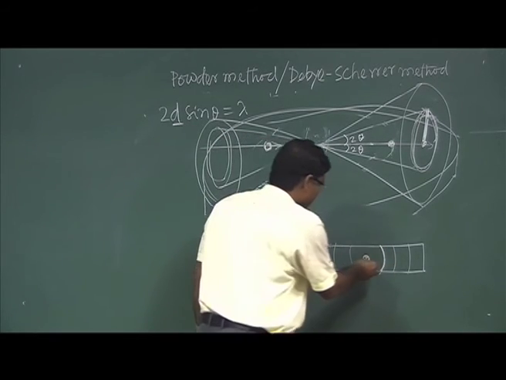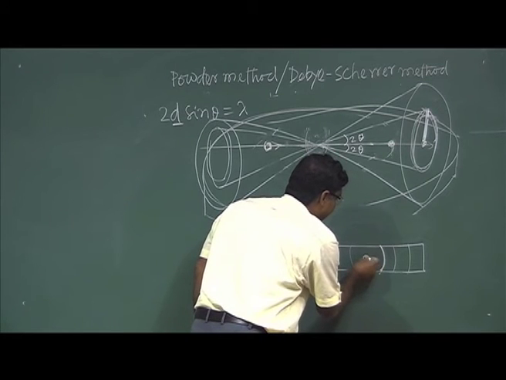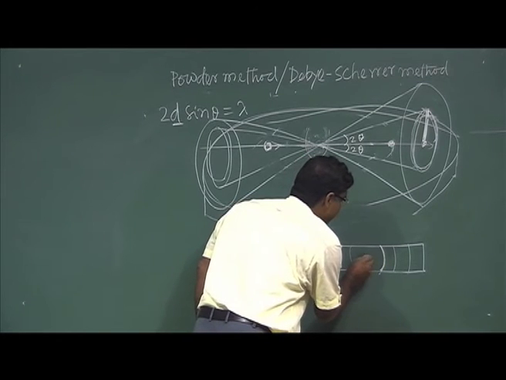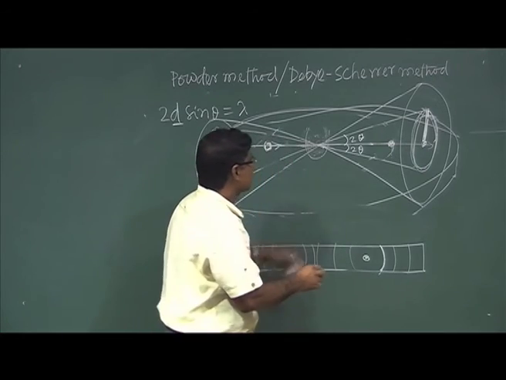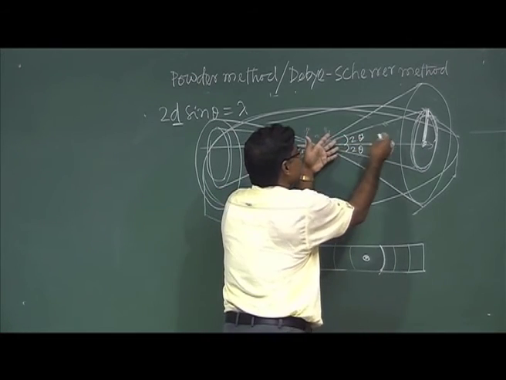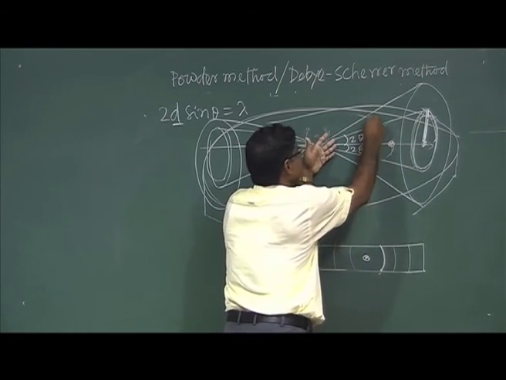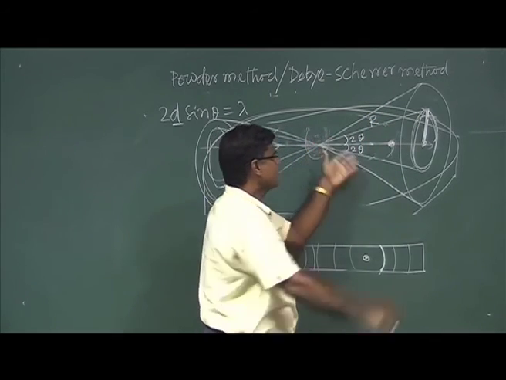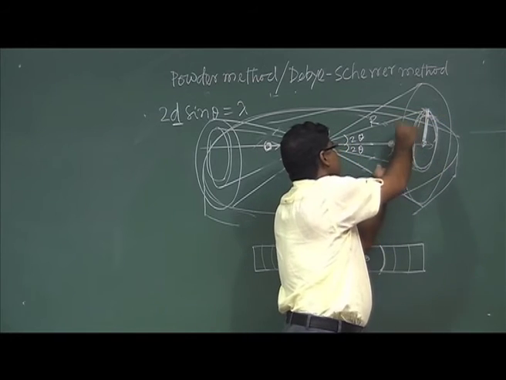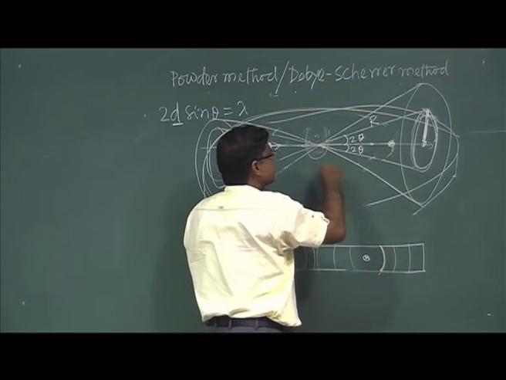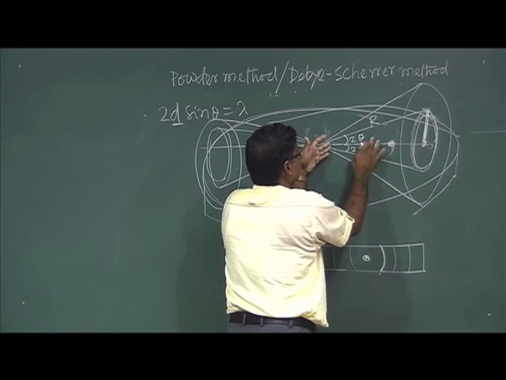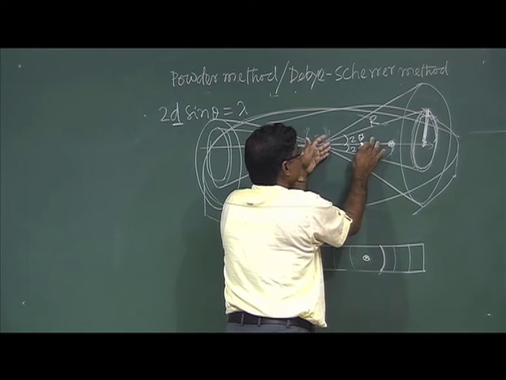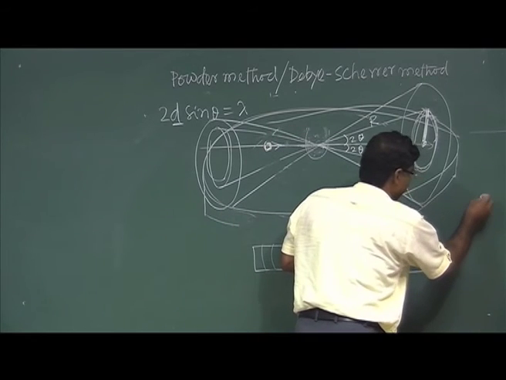And this will be the radius, this is the arc. Now if the angle is theta and the radius is r, because it is a circle, to find the arc, what do you do?